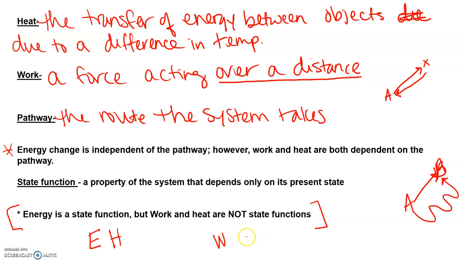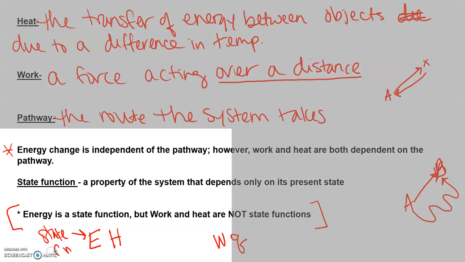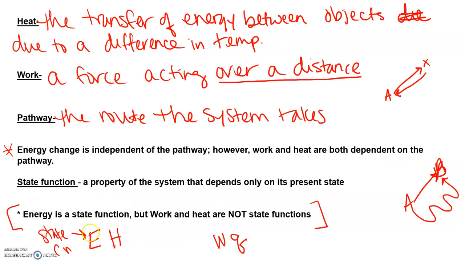So work is a lowercase w, heat is a lowercase q. Those are not state functions. So capital letters are state functions. Sorry about that. And lowercase letters are not. So these are dependent. And that might help you a little bit with the difference between the two.